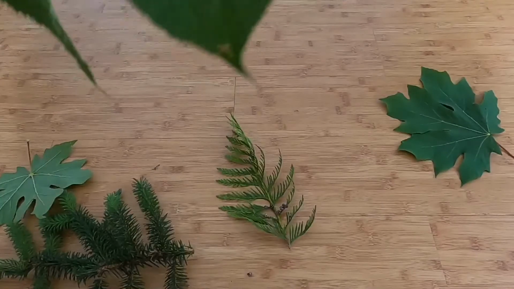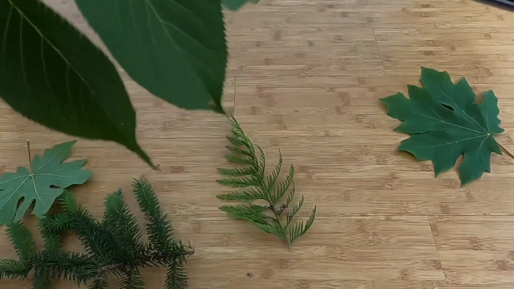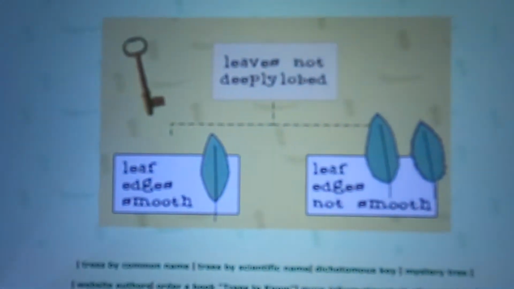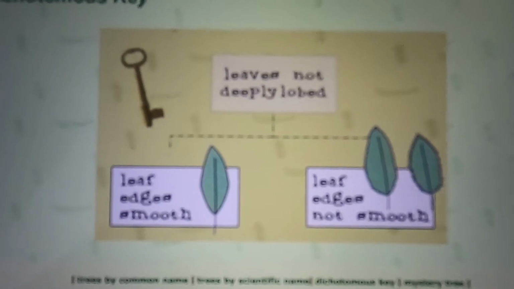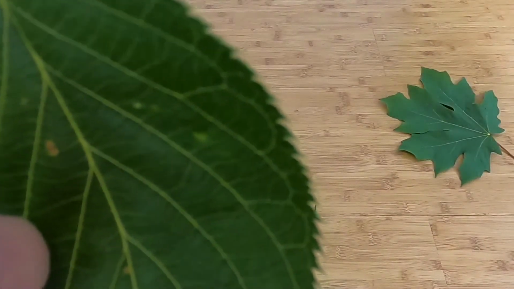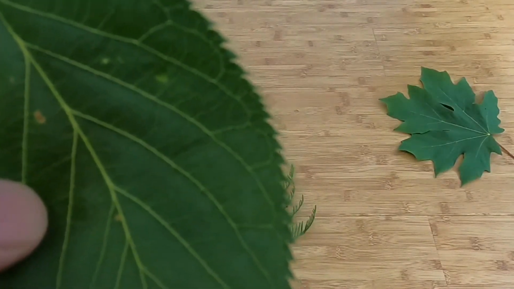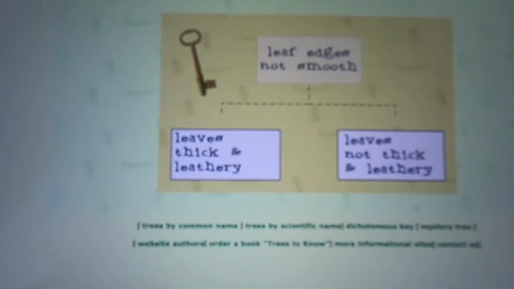Well, those are unlobed leaves. And then this one, often it's referred to as the margin or the edge. Is it smooth or not smooth? So if we take a close look at this, again, we can see it's got these little tiny teeth, almost like a little hacksaw. So they are not smooth.